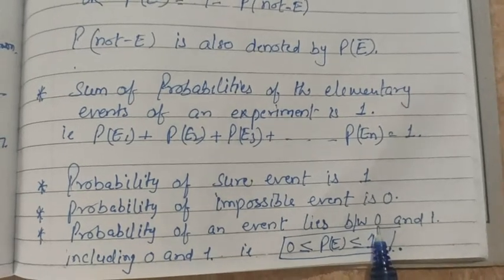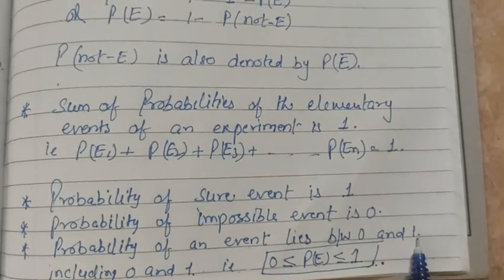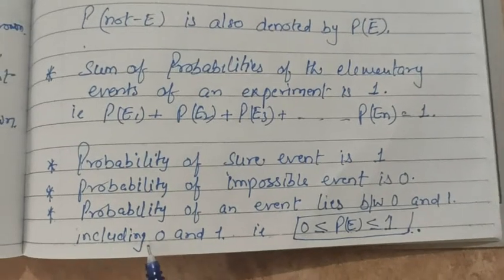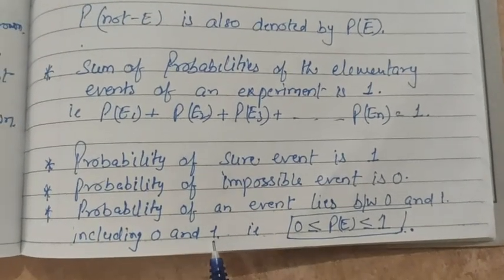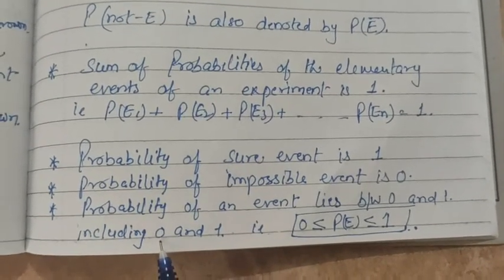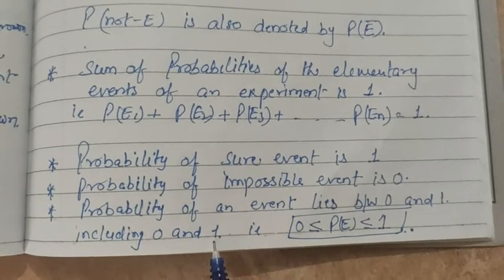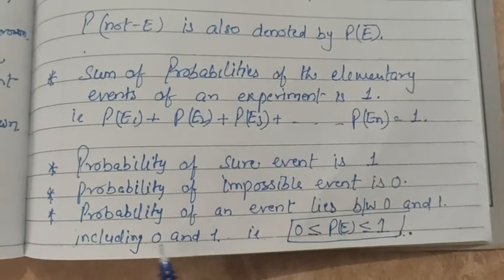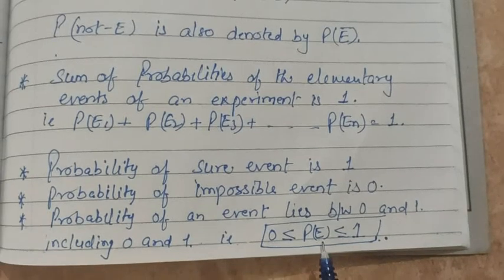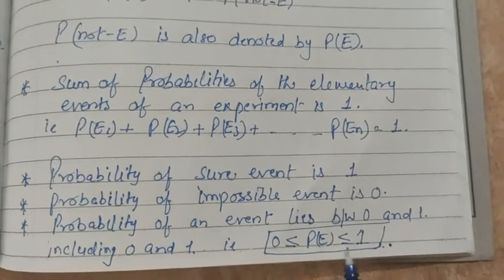For an impossible event it is 0, and for a sure event it is 1, including 0 and 1. Both 0 and 1 are included. So probability always lies between 0 and 1. So we can write P(E) is greater than or equal to 0 and less than or equal to 1.